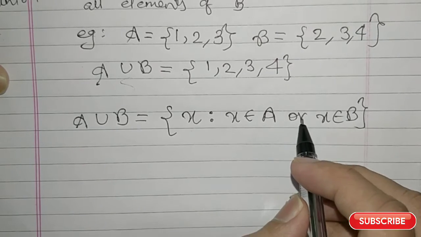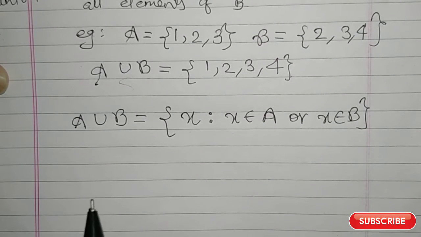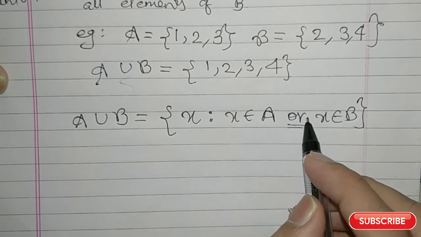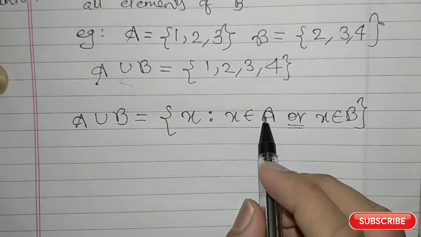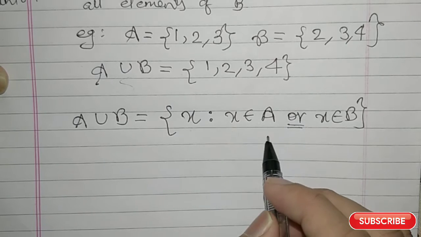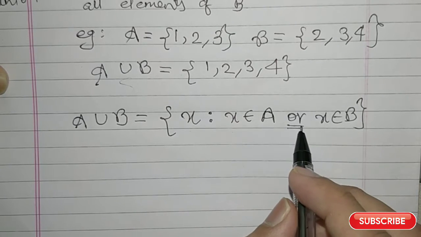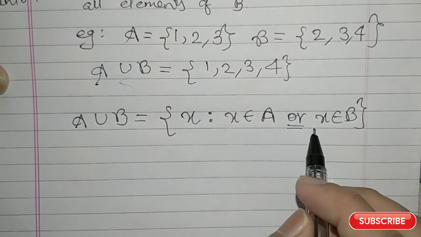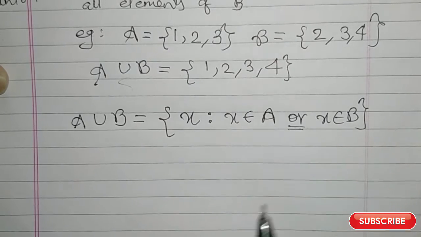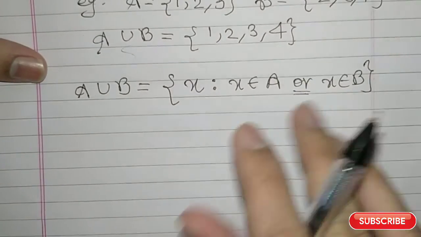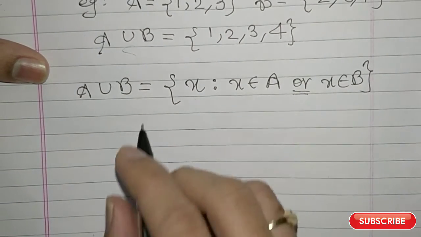Either x belongs to A or x belongs to B. So OR is important here. In union OR is important. So either the element will belong to A or to B, including both, right? The element x can also belong to both the sets A and B. So that is the set builder form of A union B.